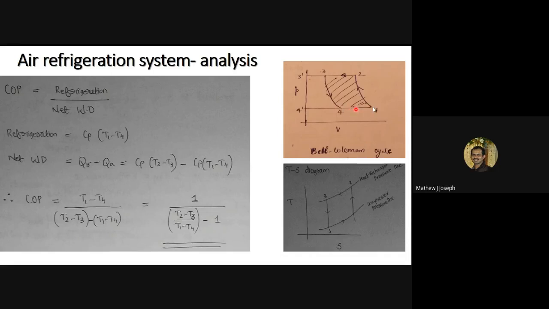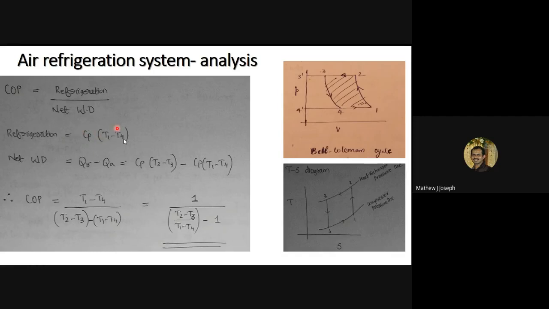It is happening during the process 4 to 1, and it is a constant pressure heat absorption process. The temperature will be increasing, but it is happening at a constant pressure. So that is why Cp, that is specific heat at constant pressure, P stands for constant pressure, Cp times the temperature change.